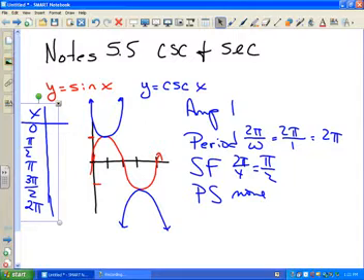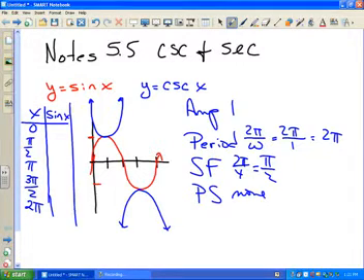One time we're going to put an extra column in here, and we're going to show what's the sine of that, and then we're going to talk about how does it become cosecant, so you can see how to get it in case you forget your cosecant numbers.